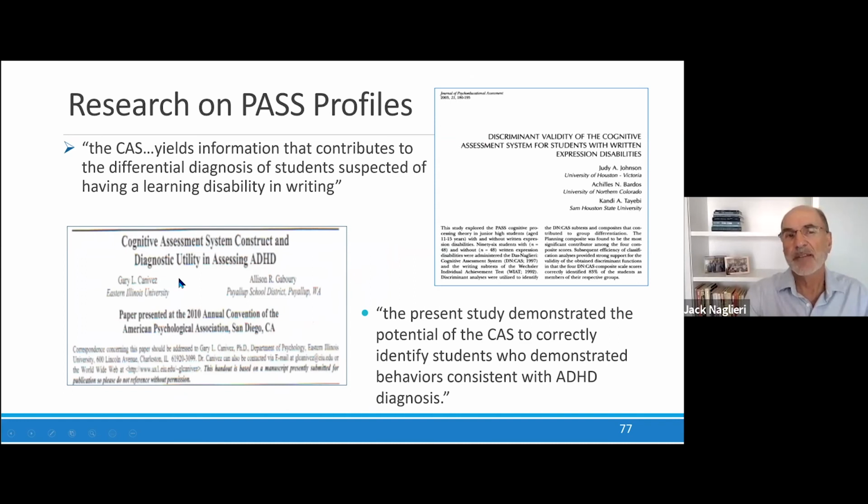And one of the first ones that I did actually showed that if you wound up in special ed before the CAS was published, and we had a group of children who we tested during standardization, those students who wound up in special ed were 4 times as likely to have a weakness in one of the basic psychological processes on the CAS than regular kids. So it was an unselected cohort, meaning they were placed before my test came along. We tested them after they were placed, and then we found out these kids have problems.